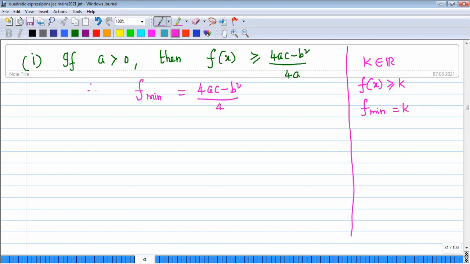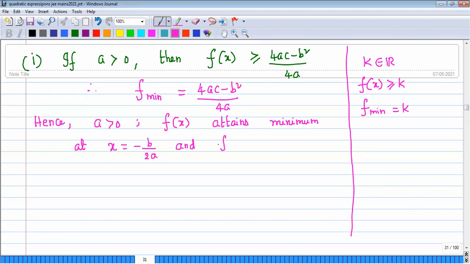At which value does it attain this? When x is equal to minus b by 2a. So hence we conclude like this: when a is greater than 0, f of x attains its minimum at x equal to minus b by 2a, and f minimum is equal to 4ac minus b square by 4a.